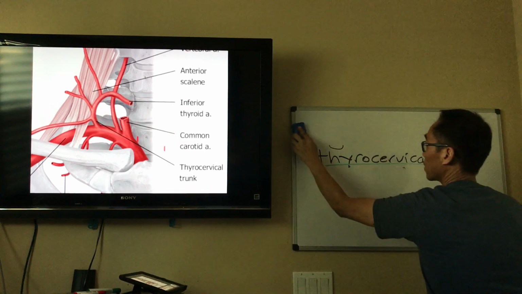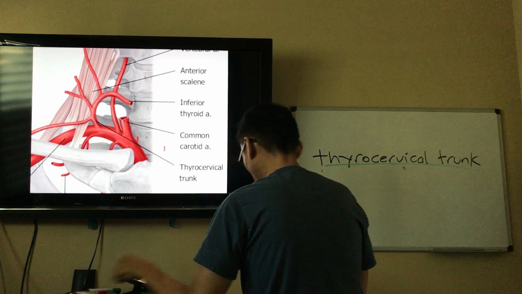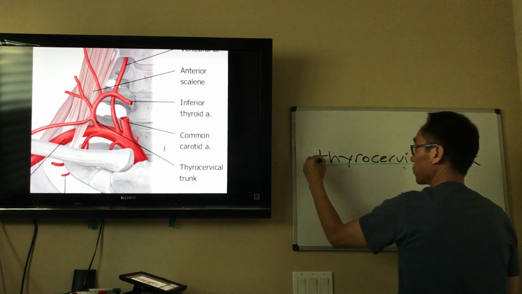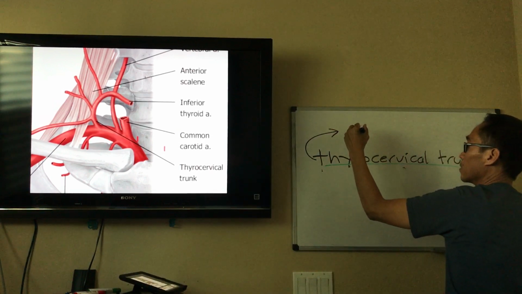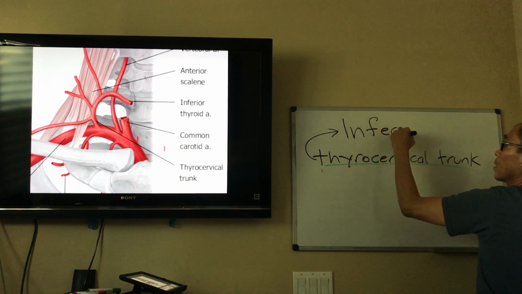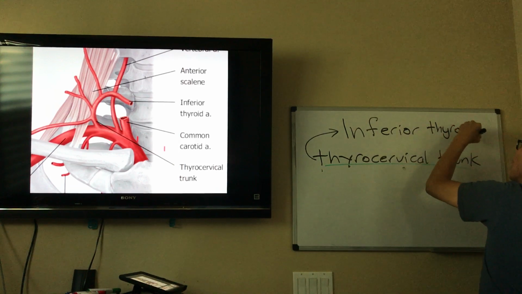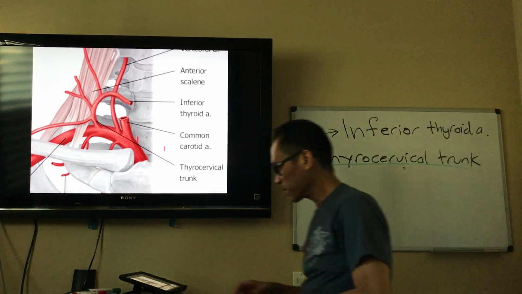So again, one branch you got to know: inferior thyroid, branch of thyrocervical trunk. So I'll write it above here. Right there. Okay, let's move on.